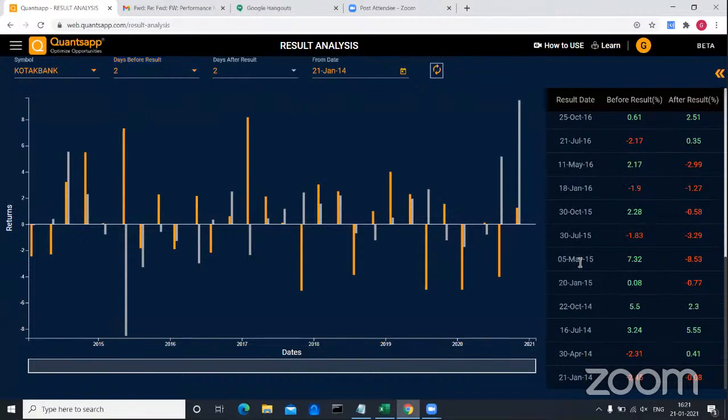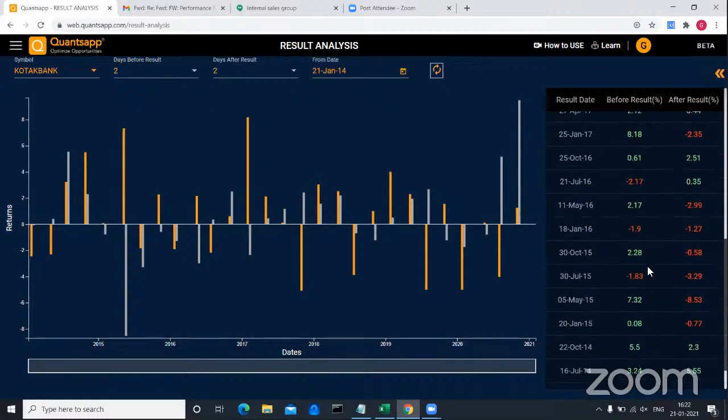I can see here that on May 5th, 2015 the result came. 2 days before the result there was a good up movement of almost 7.5%, 7.3%, and 2 days after the result there was around negative 8.5%. So I can see there's a big range before and after the result.